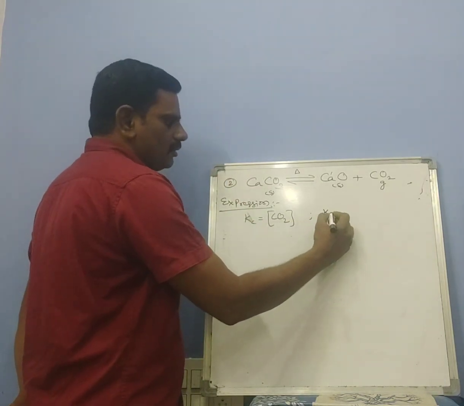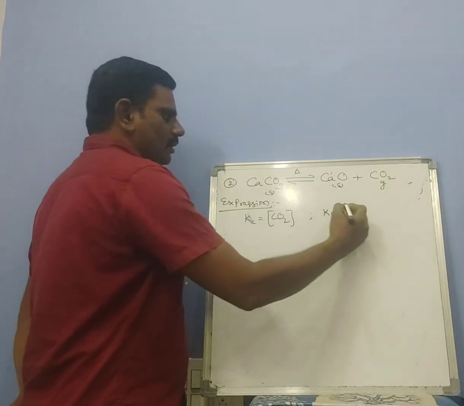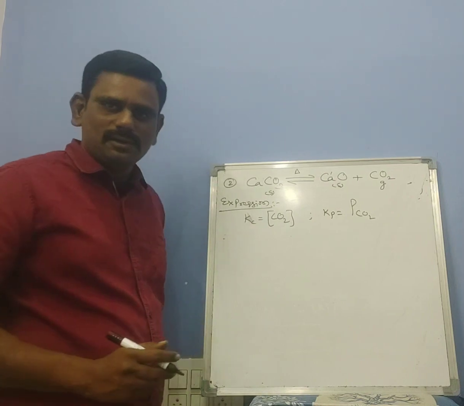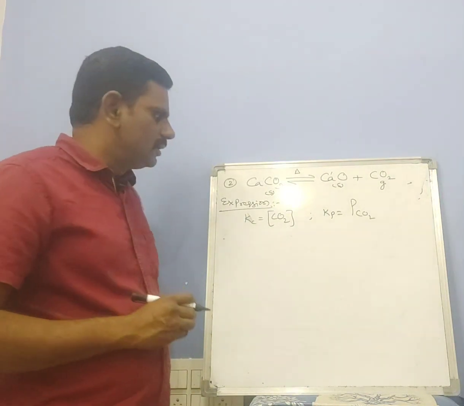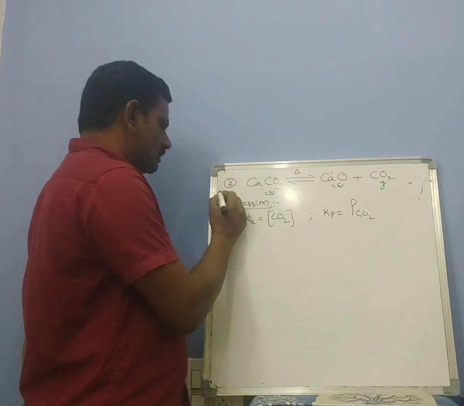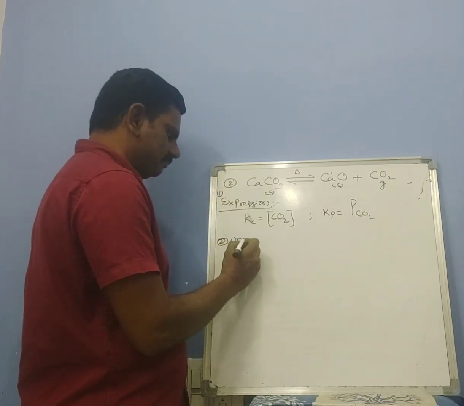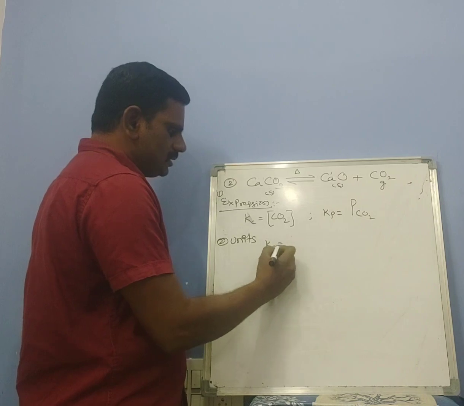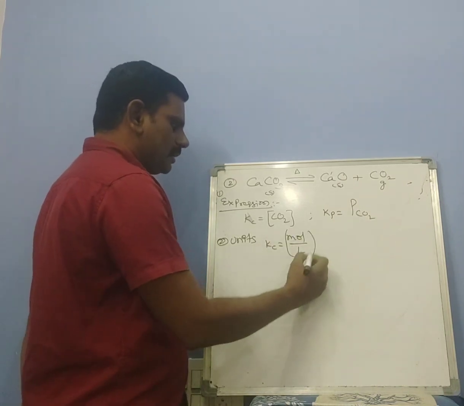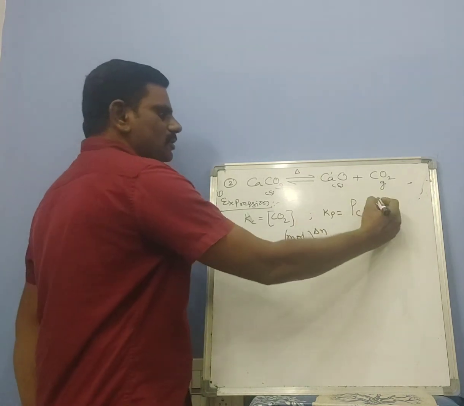Kp, how will we write it? Partial pressure of CO2. Why? Because the partial pressure of solids is also 1, and we cannot mention it in the expression. So this is one. Second one, units. Kc is moles per liter to the power delta N. Delta N value is how much?